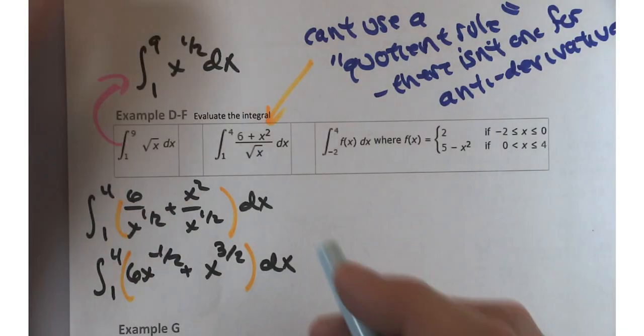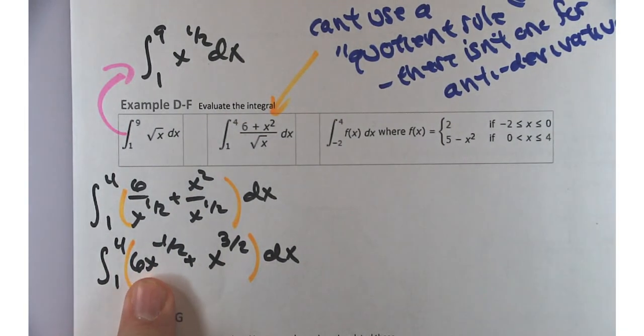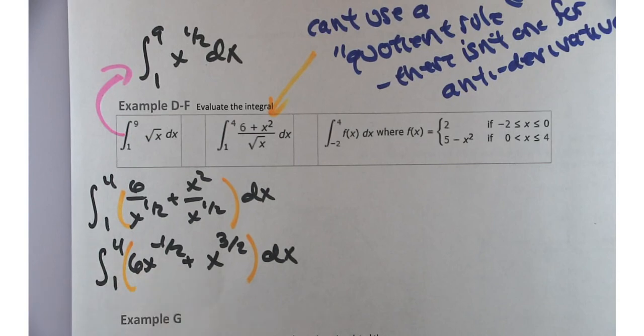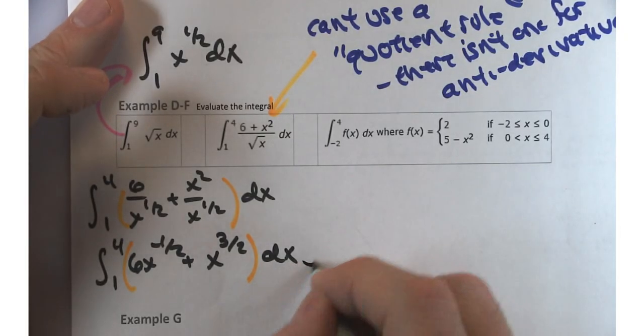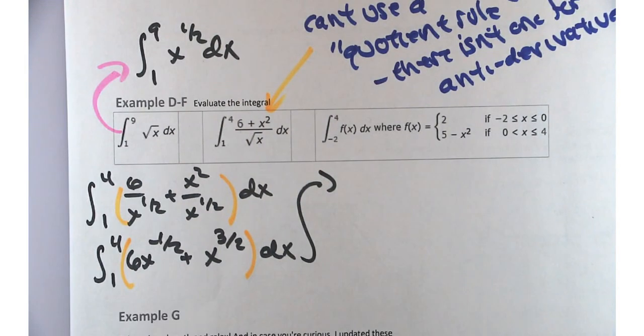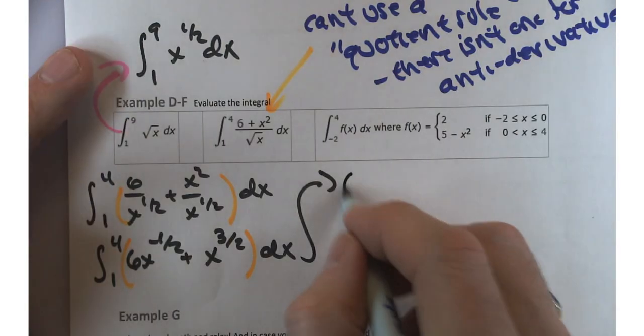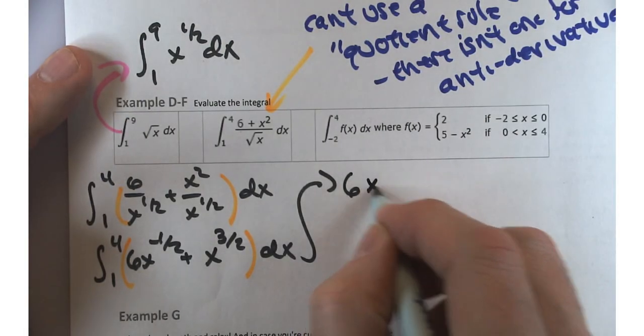All right, so as far as finding the antiderivative here, again, maybe slow things down a little bit for yourself. So let's go up here, and that's going to be 6 times x to what power?